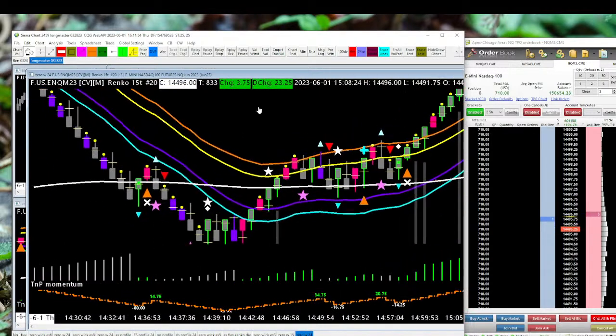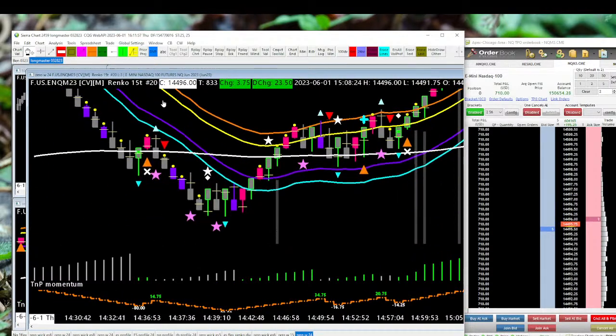I can do it here too. This is with Simon's version. I don't have the dotted line, but I could still look for purple and pink bars or trap stars and get above it. So star down, get above it. Star up, go long. Star down, get above it. Triangle up, get long.